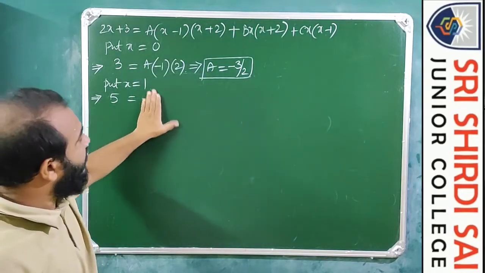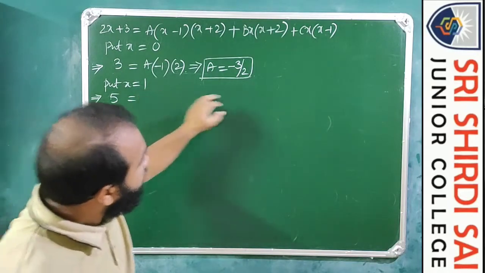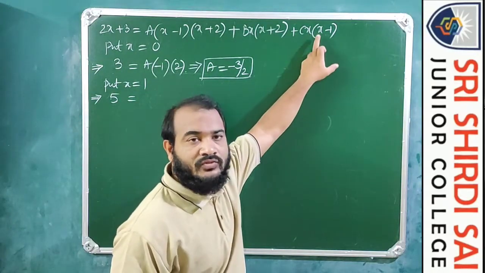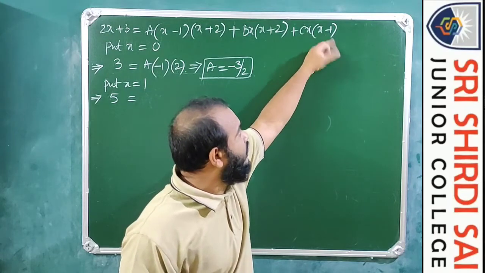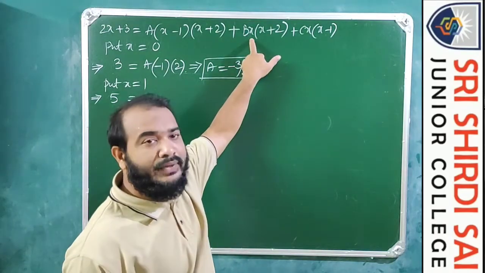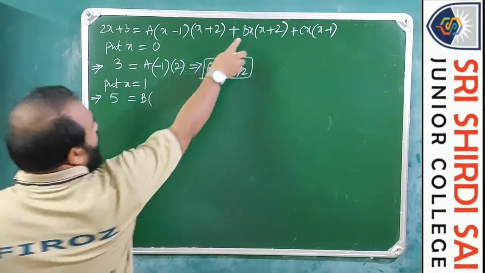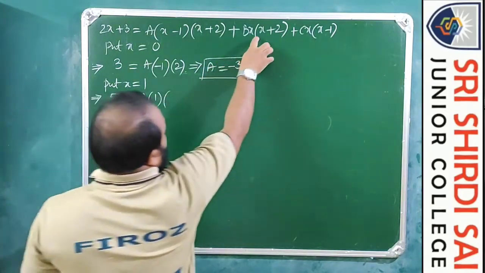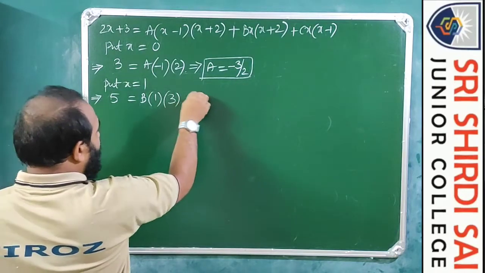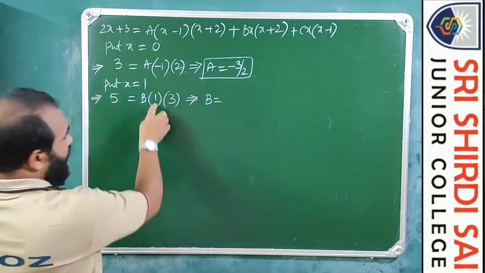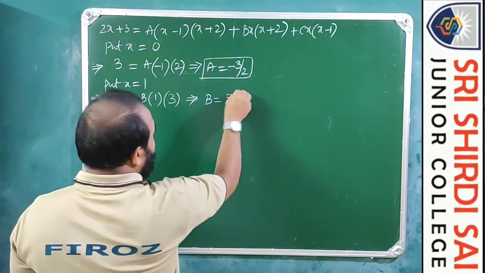Likewise here also this term will become 0 because 1 minus 1 is 0 into something is 0. So we are left with the B term only, the middle term. So B into the value of x, which is 1, 1 plus 2 is 3. So this is B is equal to 5 by 3.